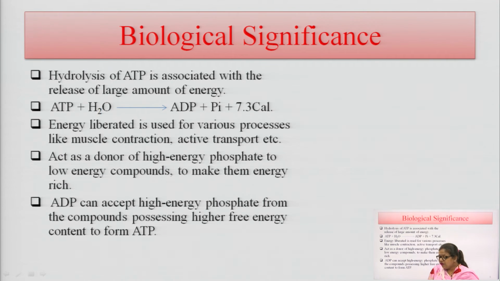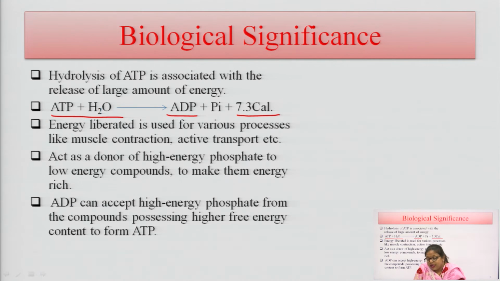What is the significance of this ATP molecule, and how can we use these ATPs in the body? Whenever hydrolysis of ATP occurs in the body, there is release of a large amount of energy. Whenever ATP reacts with a water molecule or undergoes hydrolysis, it is converted into ADP. There is removal of one phosphate bond, and release of energy in the form of 7.3 kcal per mole.